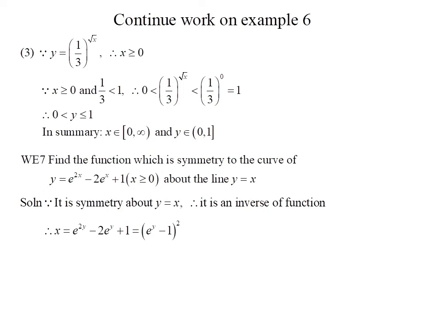Since e to the 2y minus 2e to the y plus 1 is a complete square, (e to the y minus 1) squared, e to the y minus 1 equals square root of x. Hence, its inverse is y equals natural logarithm of (1 plus square root of x), where x is greater than or equal to 0. y is also greater than or equal to 0.